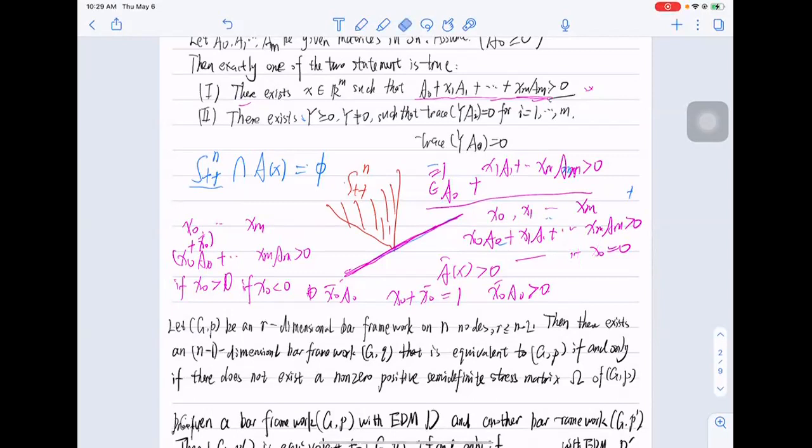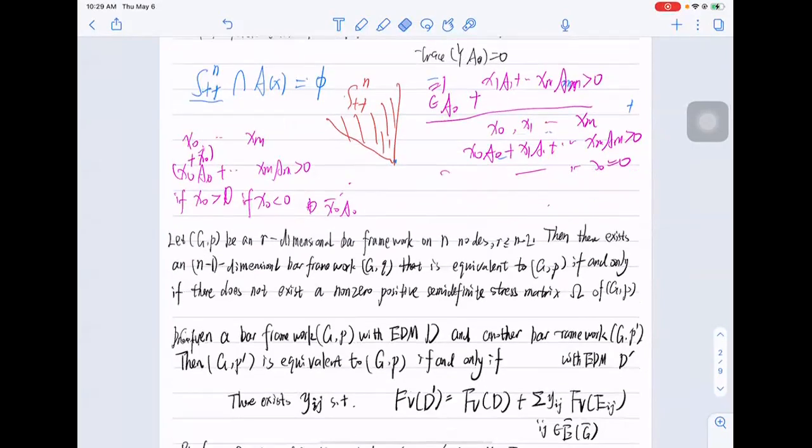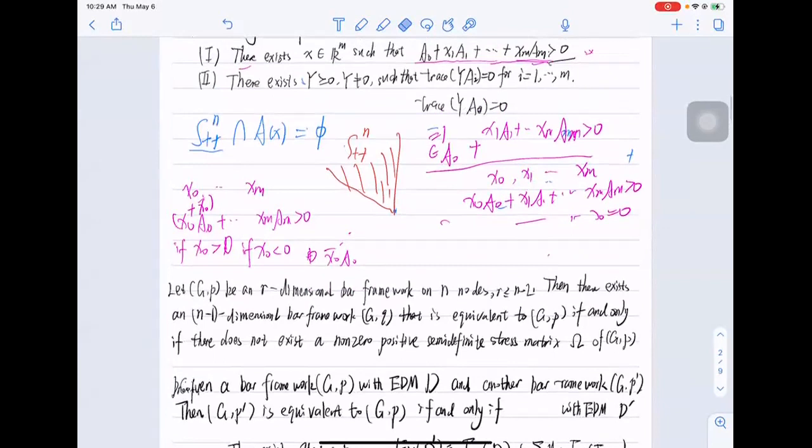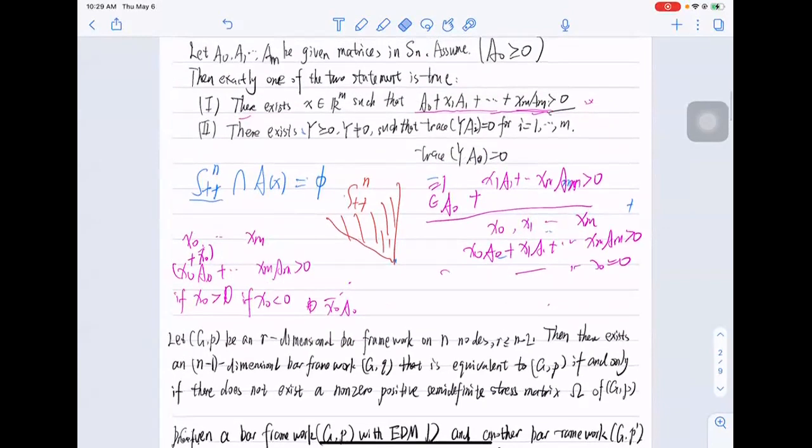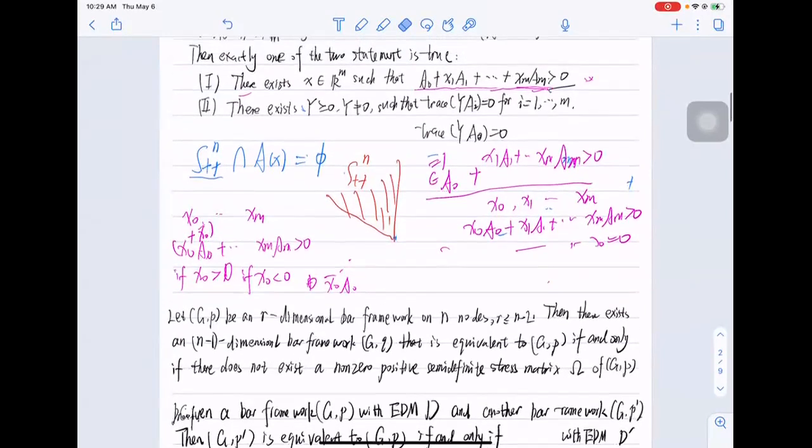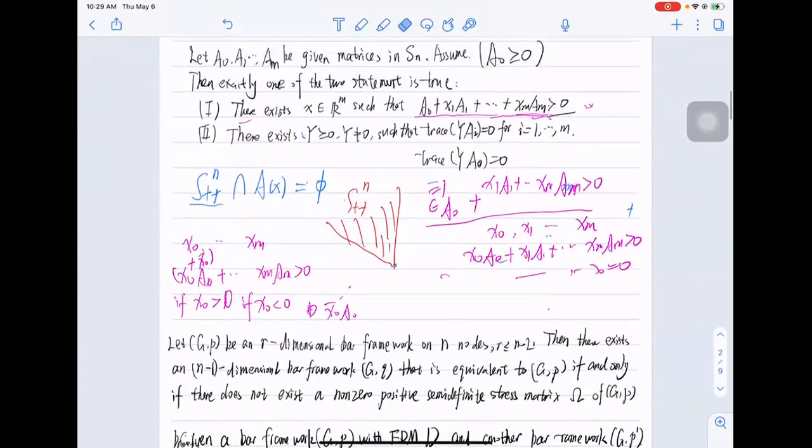So this is why they are equivalent. And then we have a linear subspace, and we can apply the hyperplane separation theorem to prove it. So this theorem is just the hyperplane separation theorem of Bakes lemma.